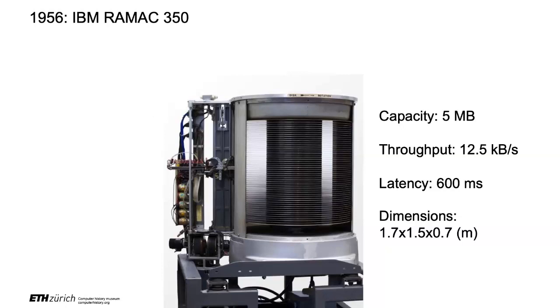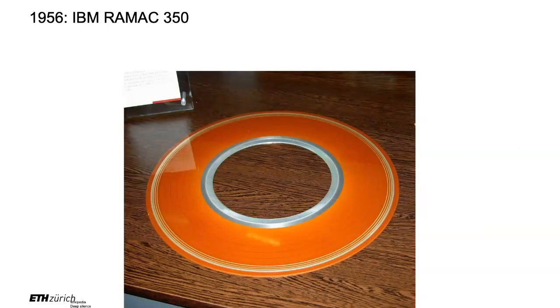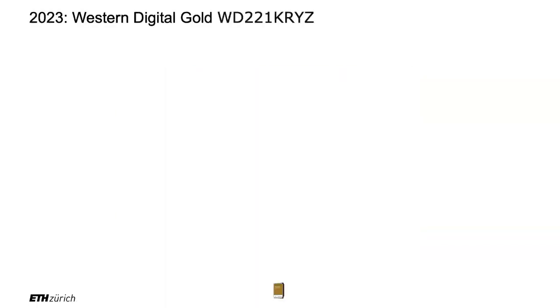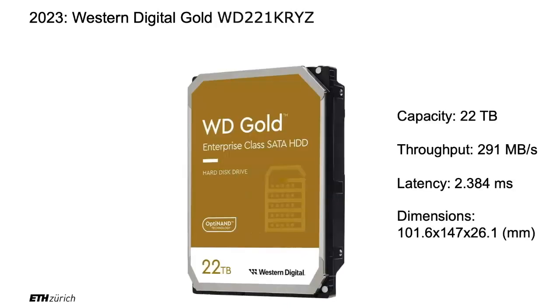Now, if we go a bit into the future, our present, that's just a picture of what's inside. So these disks that actually rotate. Now, this is what we have today. And in fact, it's so small that I have to zoom in, right? This is a hard drive. This is what you have in your laptops. So the largest one that I found today, but it keeps increasing, is 22 terabytes.